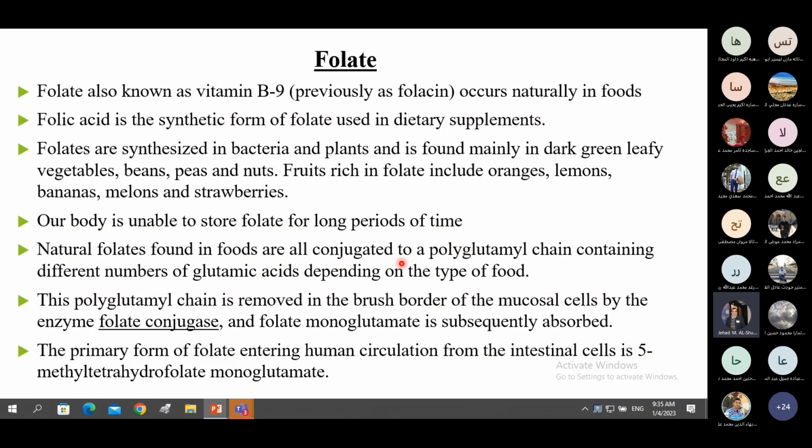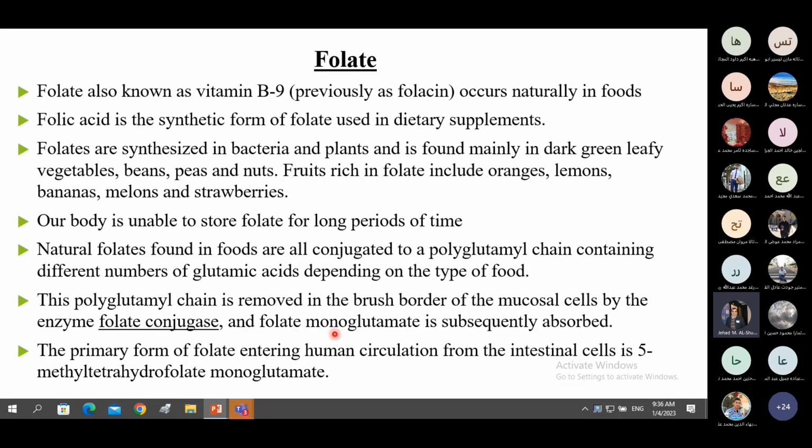But see here, vitamin B9 is always naturally attached to polyglutamate, but once in the brush border of the small intestine, the enzyme folate conjugase cleaves the polyglutamate chain from B9 and leaves only one glutamate attached to B9.